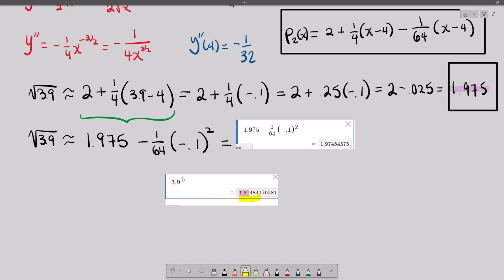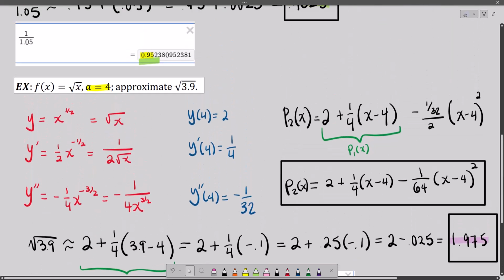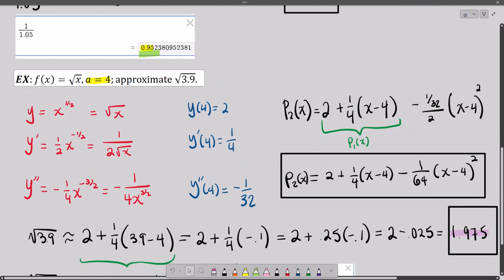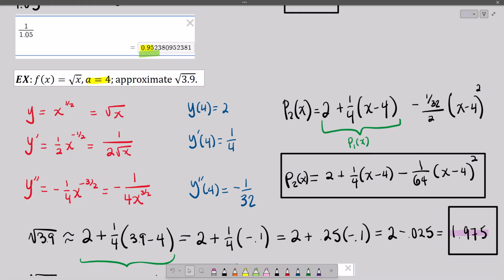You don't have to go that far out typically if you pick the right center. If you pick a center that is not close to this, so let's suppose we picked 1, you would just have to go out further in your polynomial approximation to get the same accuracy. But if you pick a center that's really close by, then your accuracy is going to come quicker. So that's kind of how it will work.